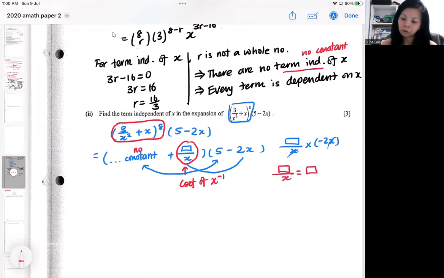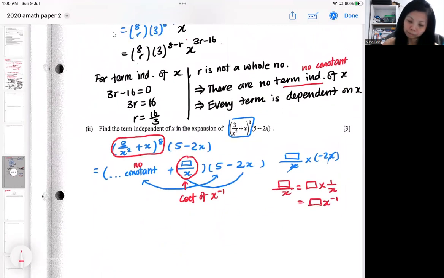If you apply your indices, you will find that it's x to the power minus 1. So I make use of my general formula. If I would like the power to be minus 1, that means 3r minus 16 equals minus 1. I will get r equal to 5.